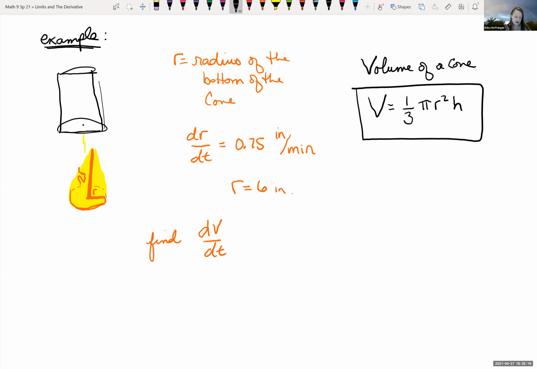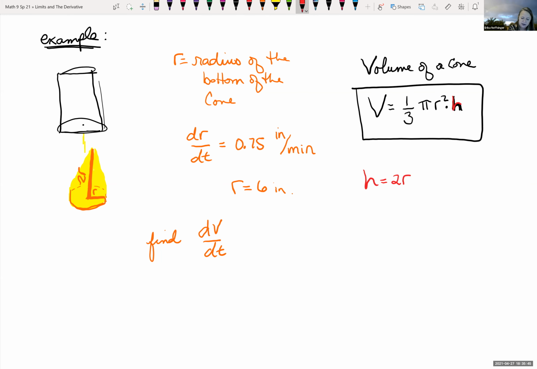And we can go in here and take the derivative of both sides. So we're taking the derivative with respect to time. I could do this, but I would have to be using the product rule in here. But instead, we know that we were given that H is equal to 2r.